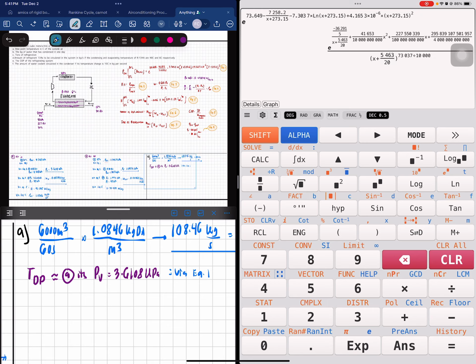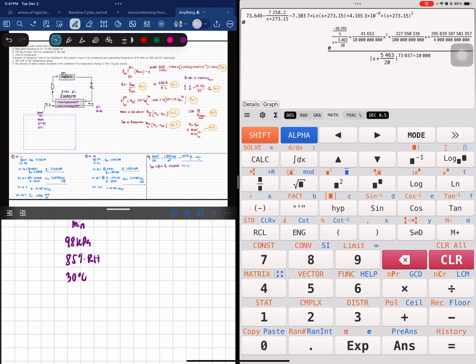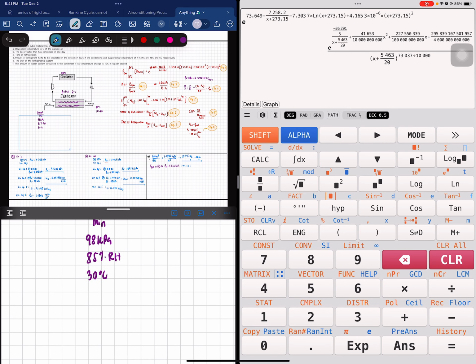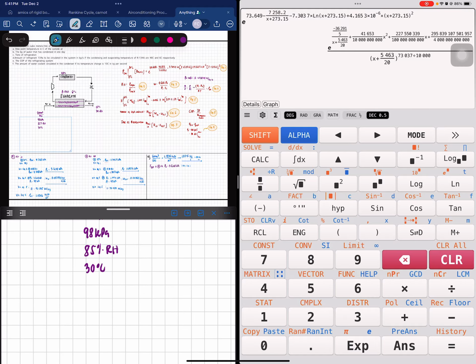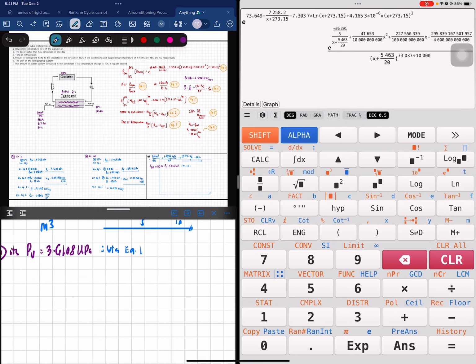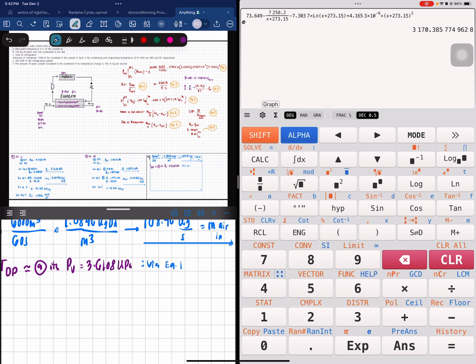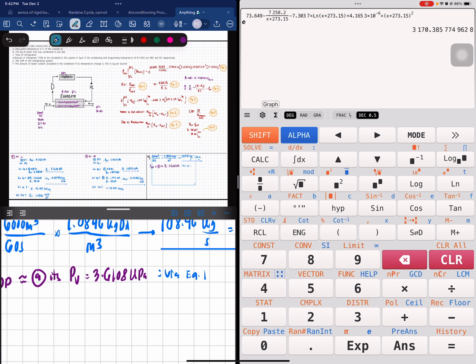Okay, so note that the dew point temperature is always lesser than your dry bulb temperature. So via increments of 5, let's try 25. At 25 degrees Celsius, it's around 3.17 kilopascals, so it does not fit the criteria.